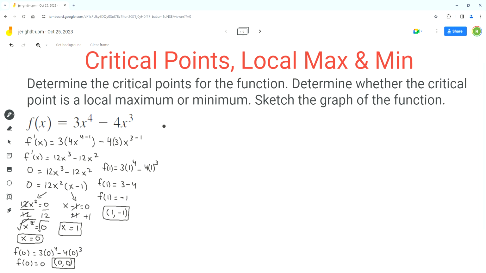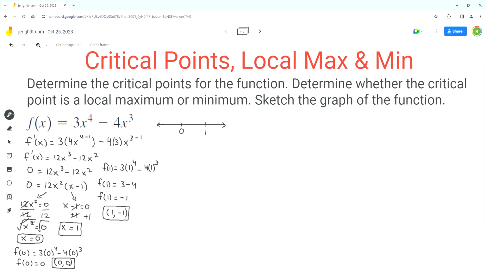We'll start by drawing the number line and showing these critical numbers. The critical numbers we got are x equals 0 and 1. These critical numbers divide the number line into three parts, or three intervals.